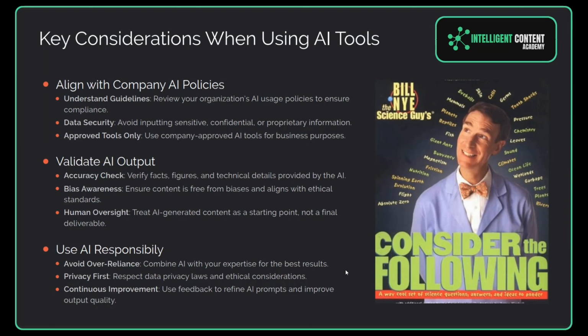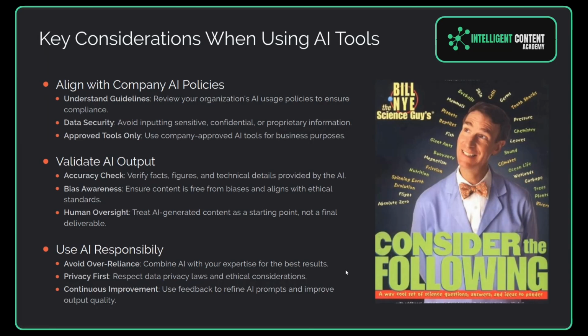So please, before you try any of this or anything anyone else recommends you do, make sure you go and review those company AI policies. Incredibly important. All right, next up for AI considerations. Make sure you're validating the information you're getting. Just because it's spitting something out doesn't mean that it's accurate.